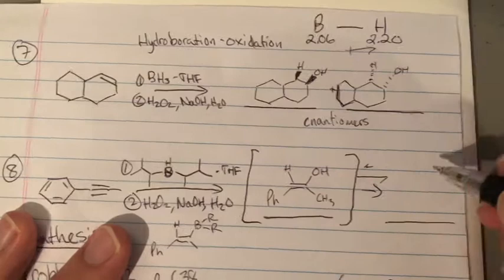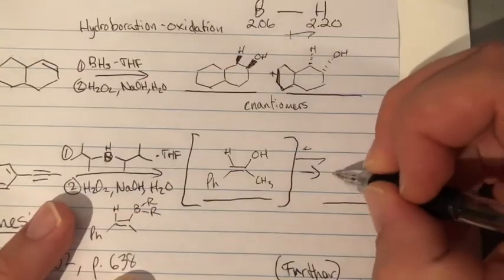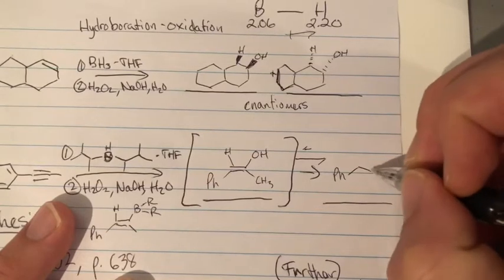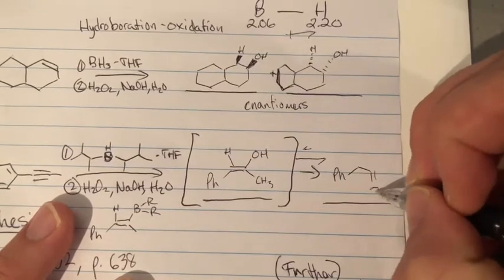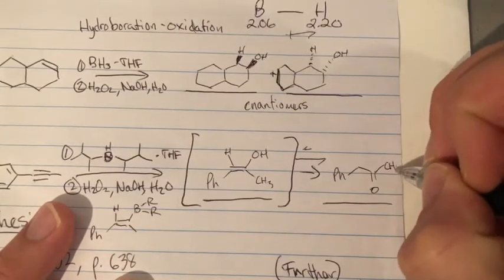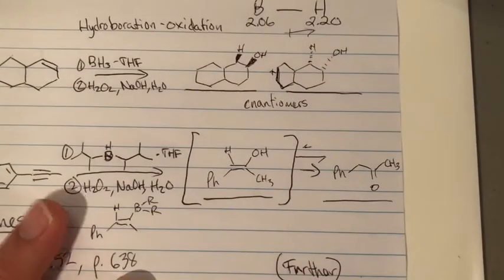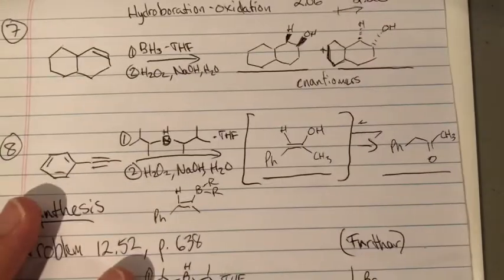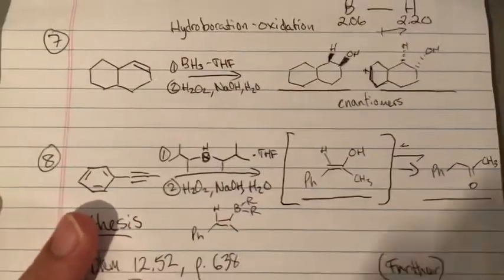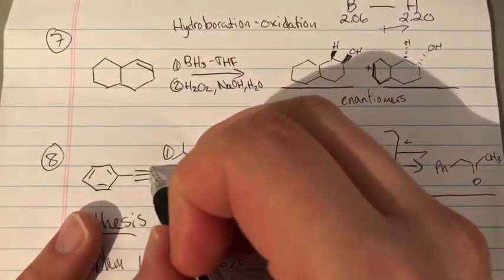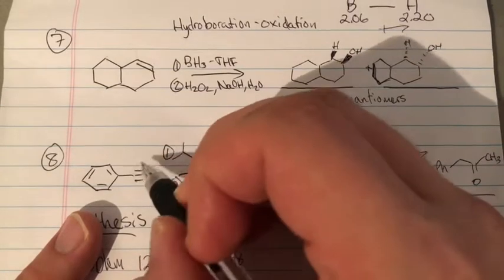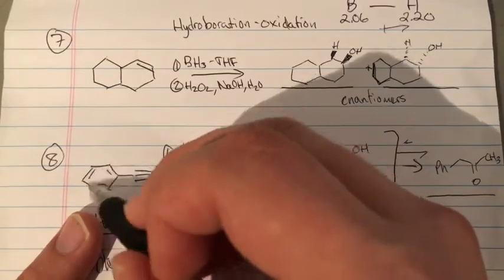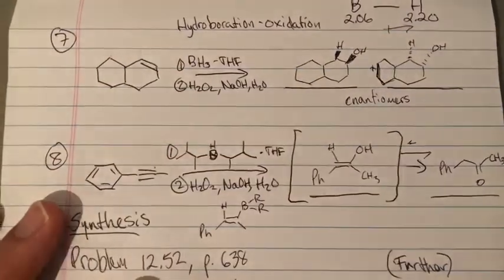Very much of the keto form is more stable. So in other words, this is going to be the final product that you get from that particular reaction. So the O winds up over here. So again, that's anti-Markovnikov because this is going to be more positively charged from this electron withdrawing phenyl ring.